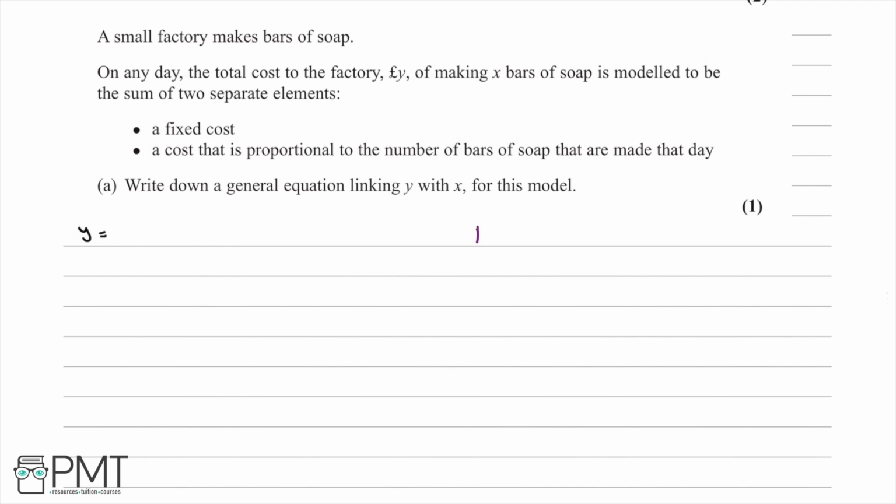So noting this down here, we'll have that a fixed cost implies a constant, and then we'll have that a proportional cost, so the cost that is proportional to the number of bars of soap that are made each day. So we have proportional cost. That is going to relate to the number of bars of soap made.